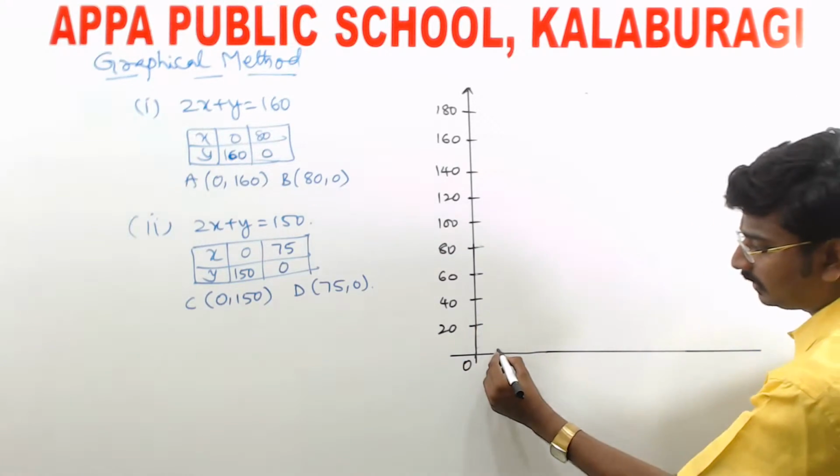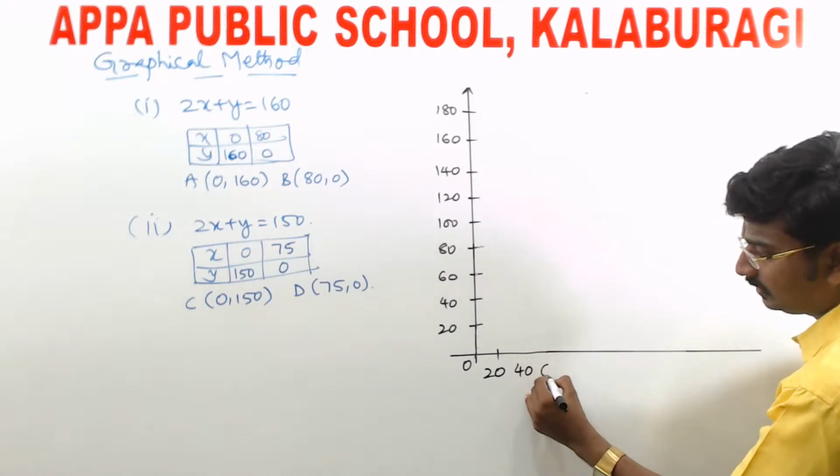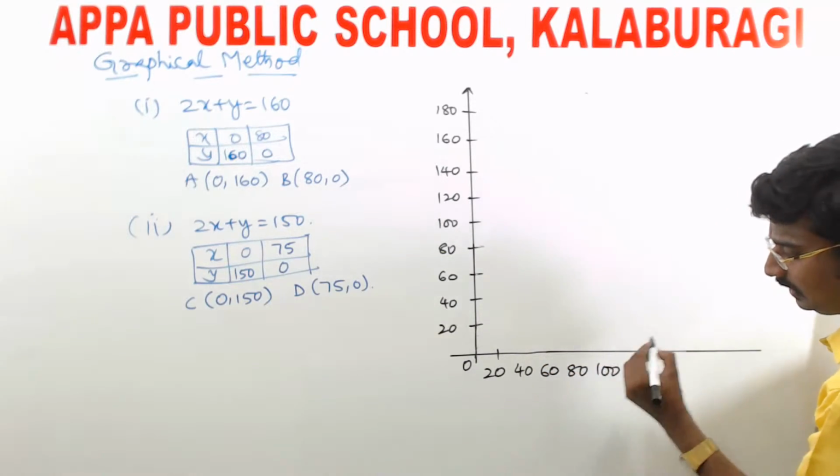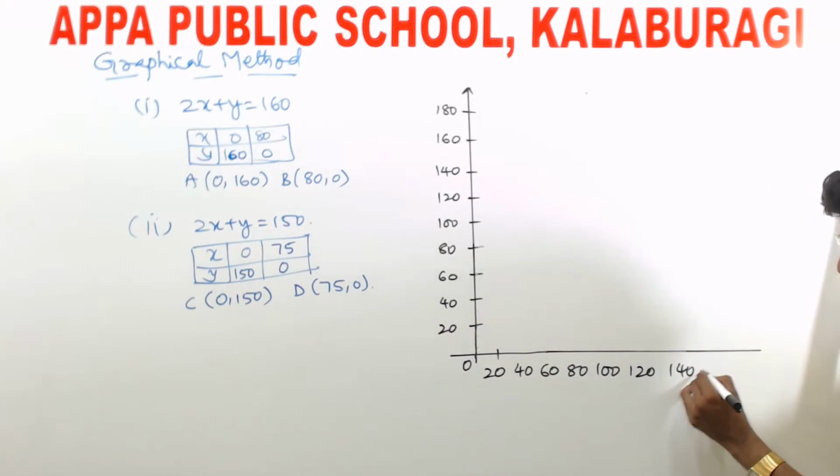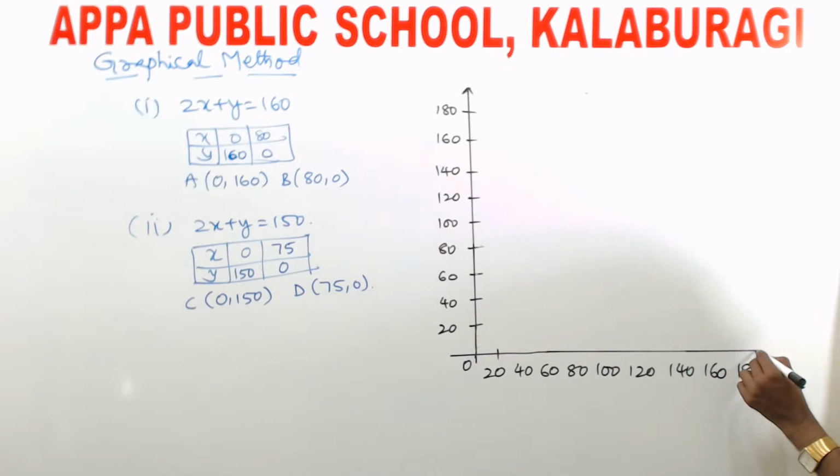Then again same along the x-axis: 20, 40, 60, 80, 100, 120, 140, 160, 180.